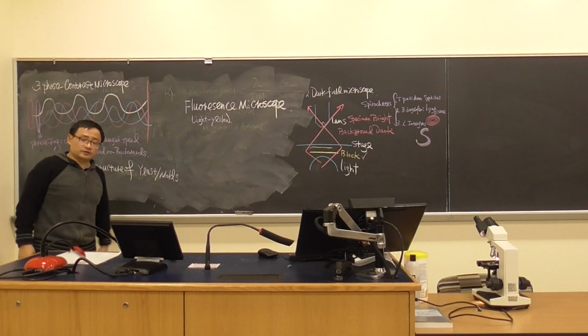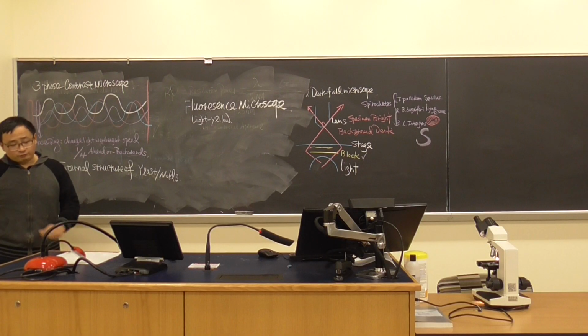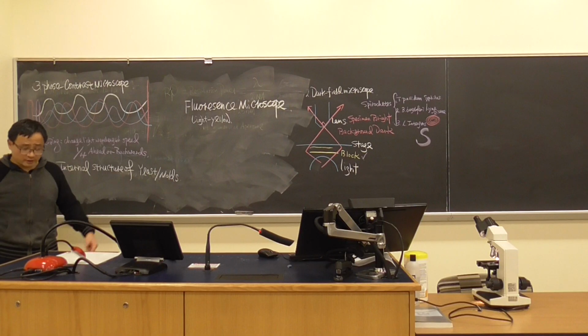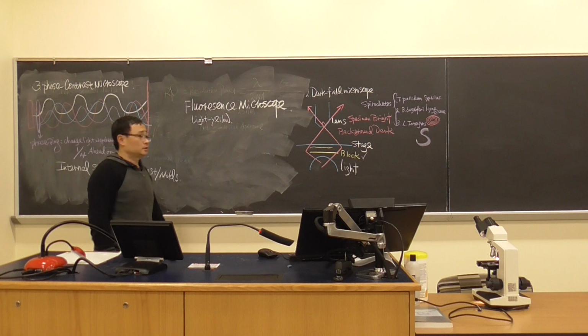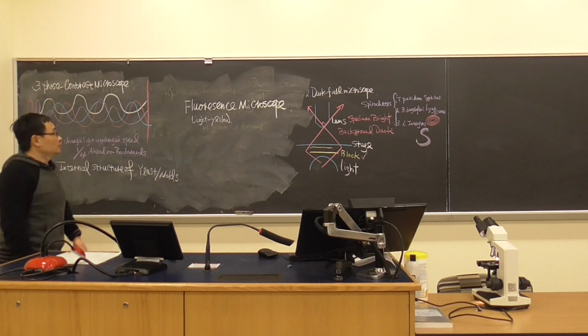Some bacteria have natural fluorescence. For example, a very common spoilage bacteria called Pseudomonas fluorescens. The species name is fluorescens, so they have a light yellow fluorescence color. It's a spoilage bacteria. It's not a pathogen.